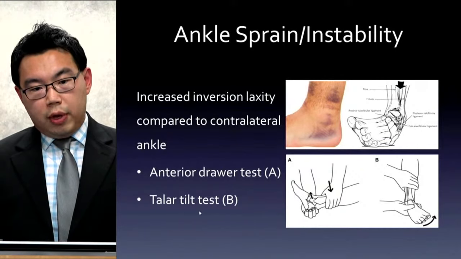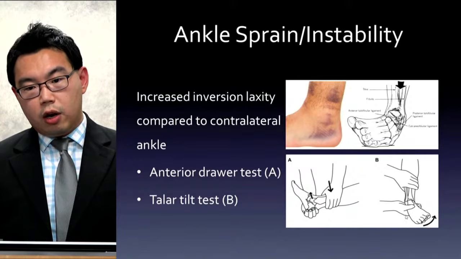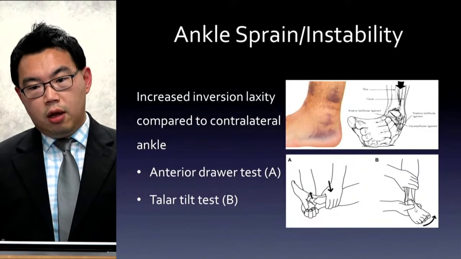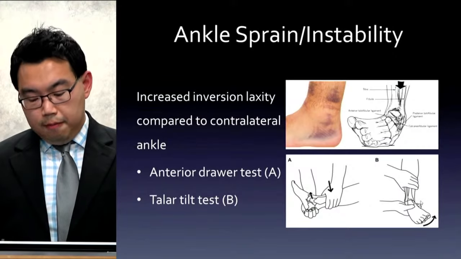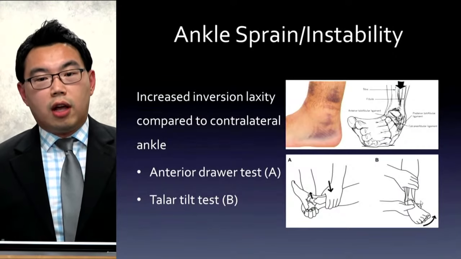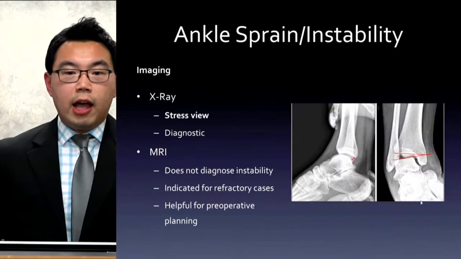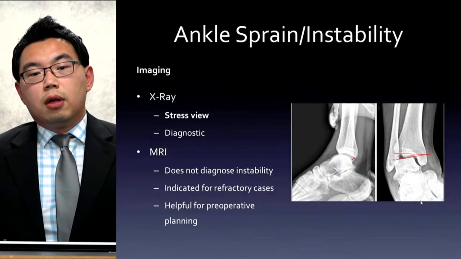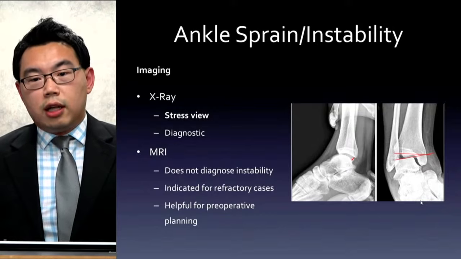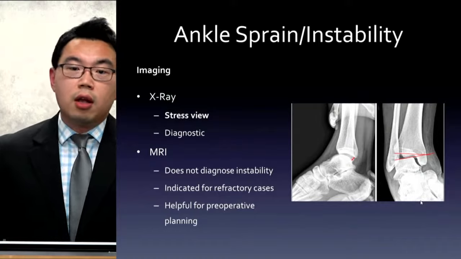And then the talar tilt test, which means you're trying to stress the CFL, the calcaneofibular ligament, by reenacting the force of your injury to see if you have gross laxity from that standpoint. And this is, like I said, compared to the contralateral ankle to make sure it's not a physiologic laxity. X-ray can be a really useful tool for diagnosis, what we call stress views. If we do the anterior drawer test and the talar tilt test and it's grossly lax, you see the finding on the X-ray on the right there.